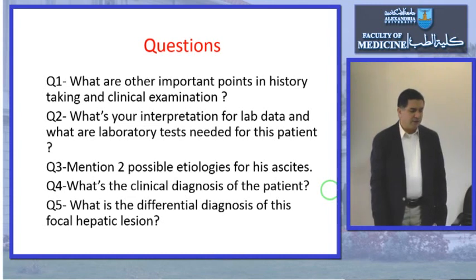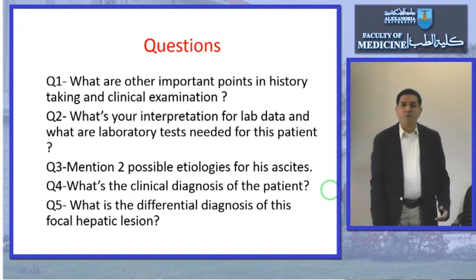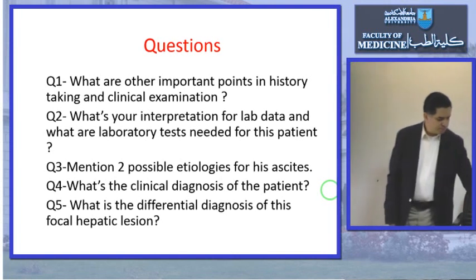Question number 3. Mention 2 possible etiologies of his ascites. 4. What is the clinical diagnosis of this patient? 5. What is the differential diagnosis of this focal hepatic lesion? In the next few slides, we will try to answer these questions together.